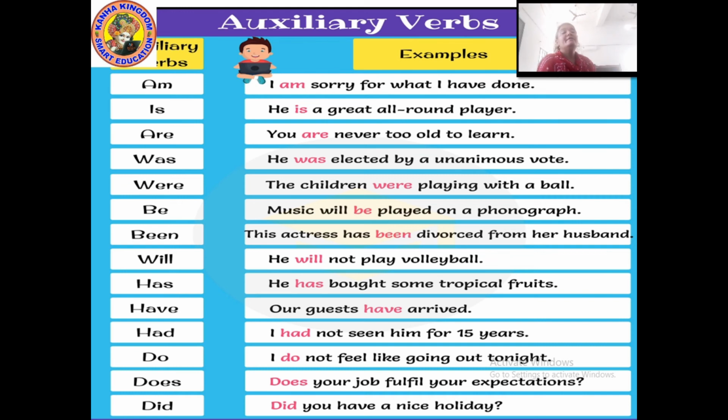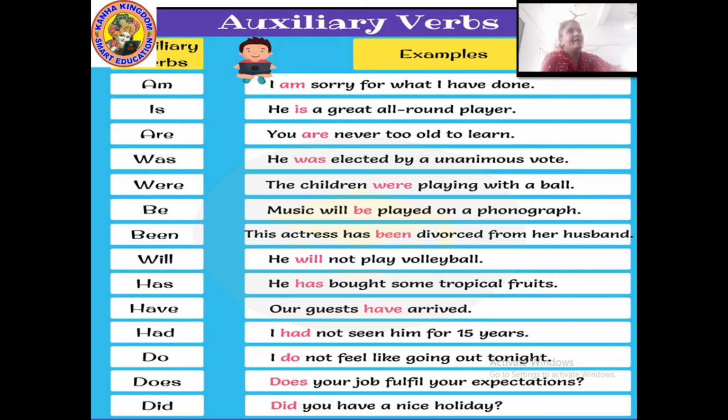Okay. Did. Did you have a nice holiday? Did is again an auxiliary verb, and it is also used for forming sentences in a question form. But did is used for past tense. Do and does are used for present tense. Okay. Just take care of that.